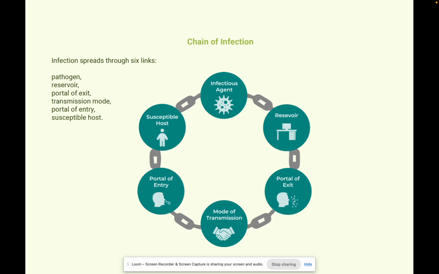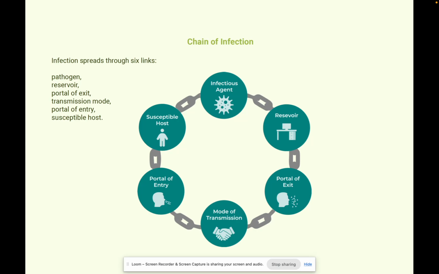When we talk about reservoir, it's actually where the pathogen or the infectious agent stays, okay? This is the place where the infectious agent lives and multiplies. And it can be, let's say, a human or an animal, or it could also be an inanimate object or a surface, depending on the kind of pathogen that we have.